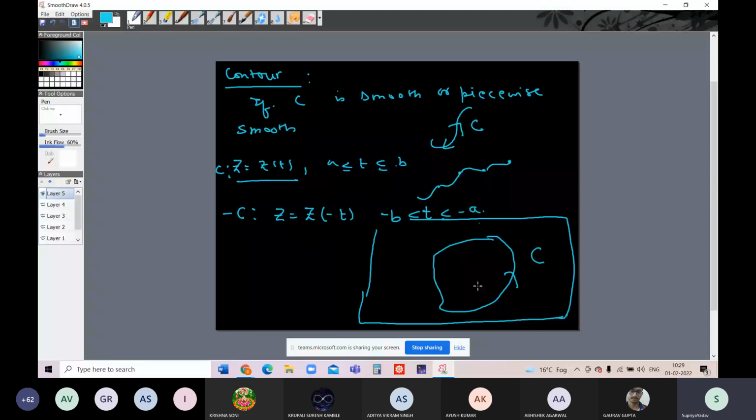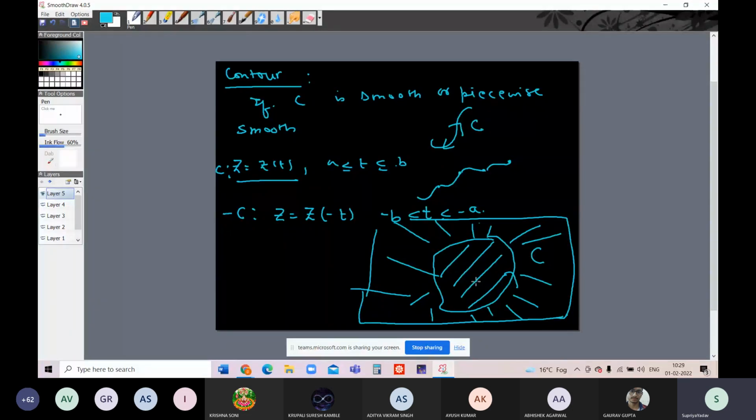One region will be inside this C and the other will be outside of this C. और बाउंड्री जो होगी इनकी कॉमन बाउंड्री, जो आउटसाइड कर्व और इनसाइड कर्व की, वो बी दिस C. ठीक है.